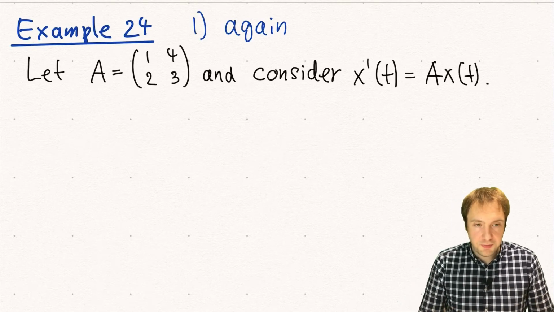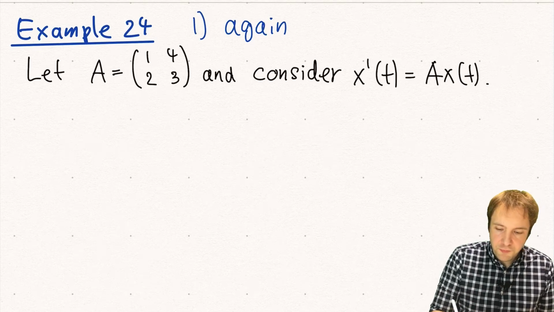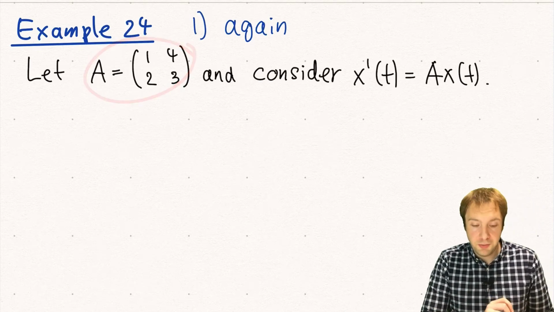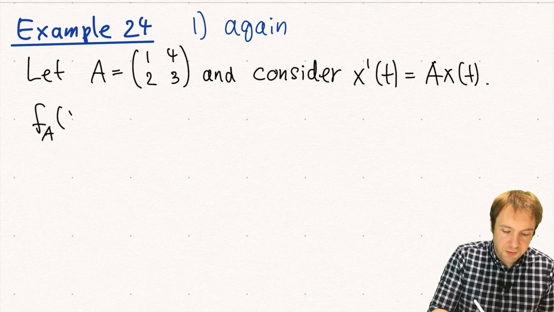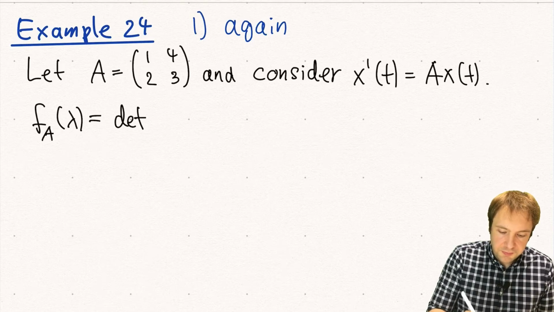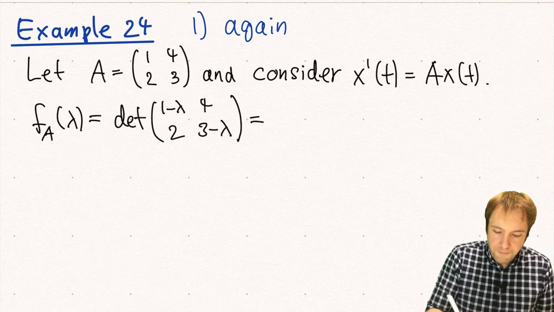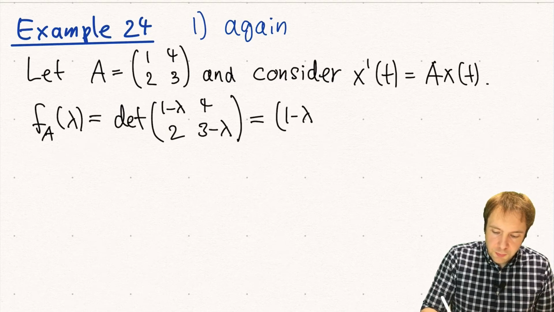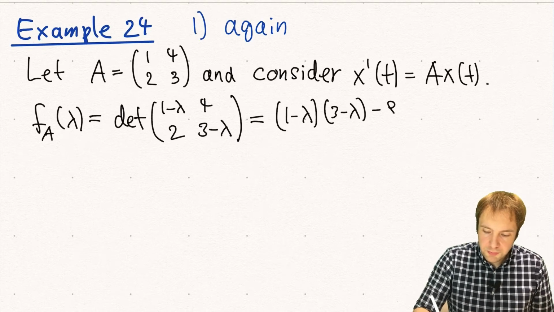Let's diagonalize A, which we did several times now. First we need to find the eigenvalues of A, and for this we consider the characteristic polynomial of A, which in this case is the determinant of the matrix with rows (1 minus lambda, 4) and (2, 3 minus lambda). This is just (1 minus lambda) times (3 minus lambda) minus 2 times 4, so minus 8.